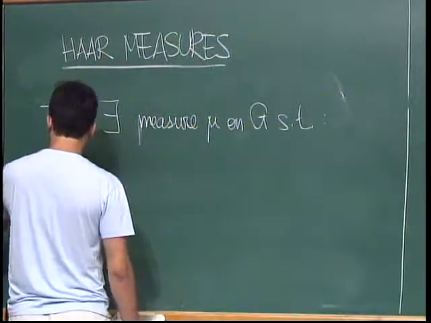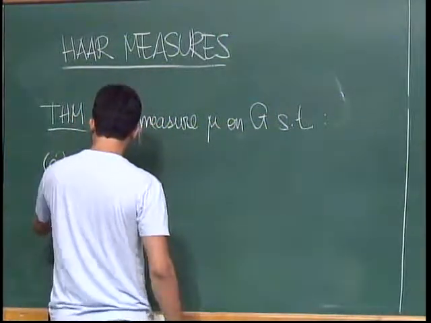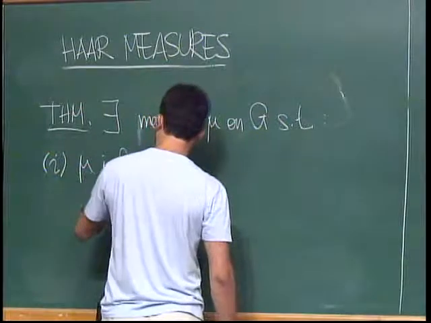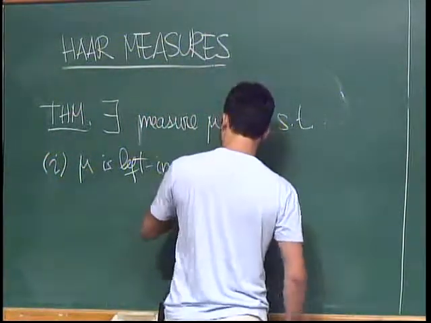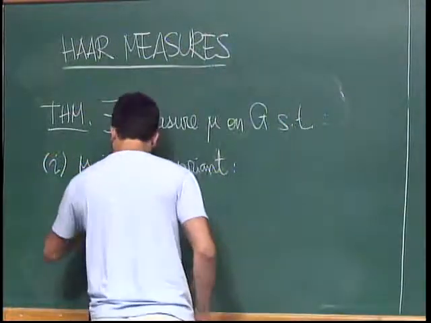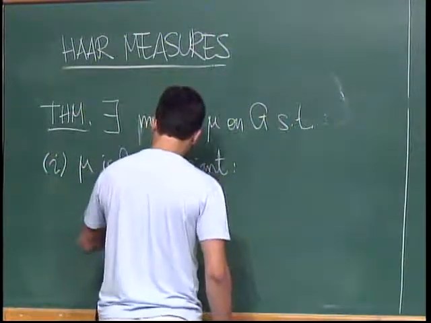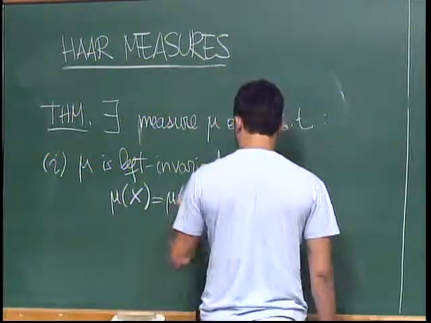The first one is that equality that I just wrote, that mu is left invariant, which means that the measure of a set is the same as the measure of its left translate by any element of the group.